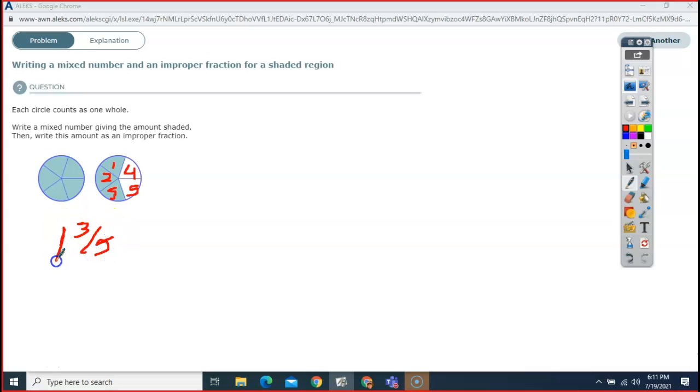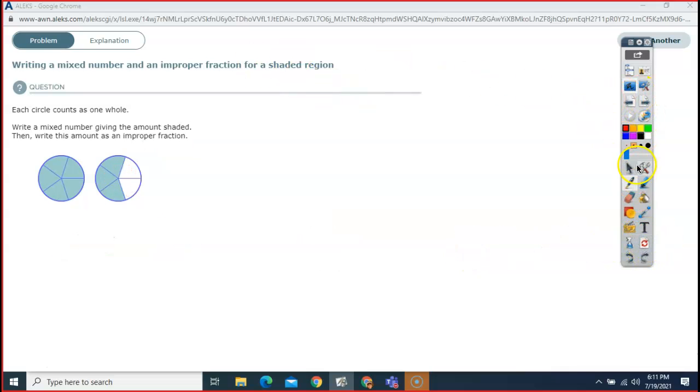That's my mixed number. And my improper fraction would be, this is a total of 5, 6, 7, 8. My other number would be 8 out of 5 for my improper fraction.